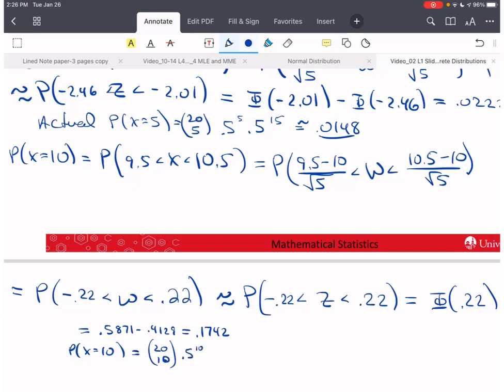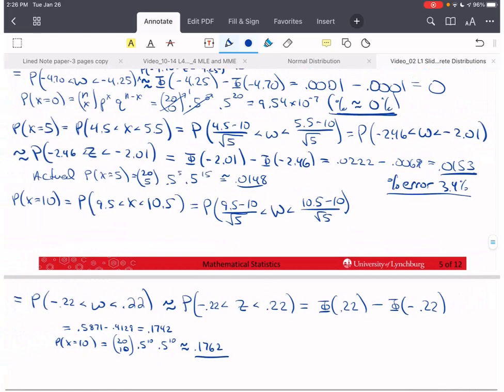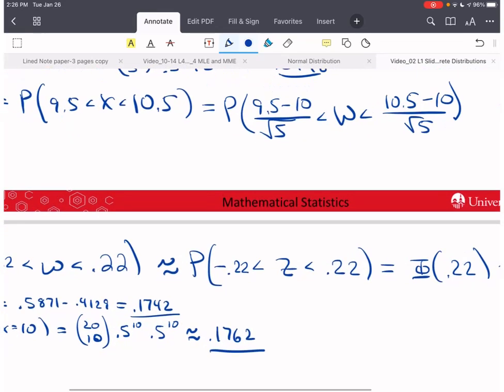The probability that x is equal to 10 is equal to 20 choose 10, 0.5 to the 10, 0.5 to the 10, which is about 0.1762. And so we have the approximation is 0.1742. The actual is 0.1762. It turns out that this is a 1.1% error. So having P closer to 0.5, that's all we changed between this and the last example.